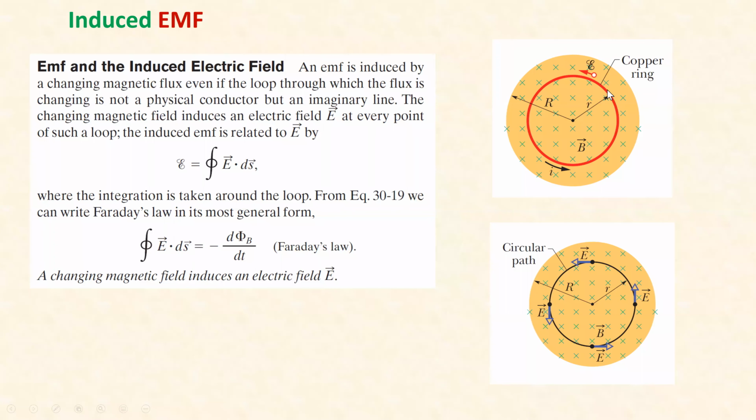And then what is the potential between these two points, the potential between A and B? We say the magnitude of the potential is the integral of E dot dl. E is constant here because V is the same for all of them and B is the same.